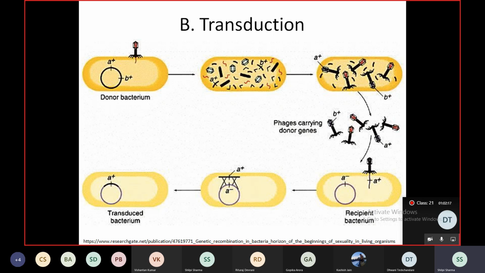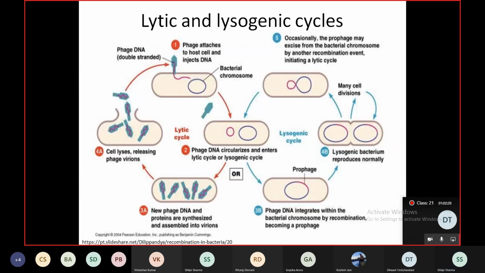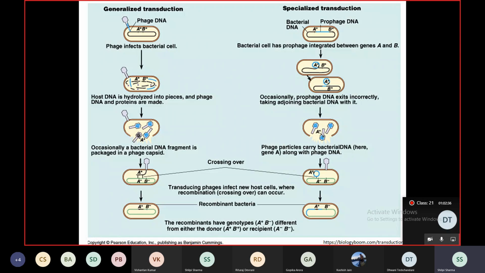And based on how the DNA is packaged within the viral particle, there are again two types of transduction which are possible. This you of course know. You know the lytic cycle and how the lysogenic cycle runs. This is just a repetition here. The two types of transduction are generalized transduction and specialized transduction.